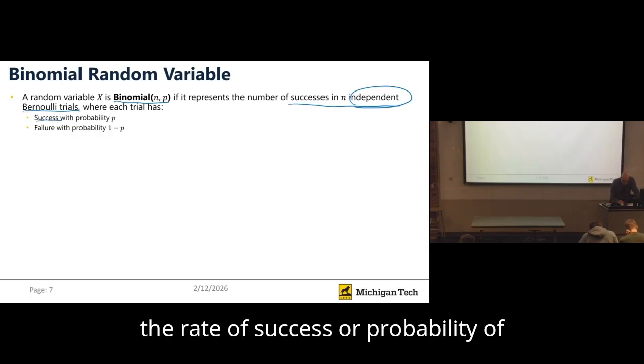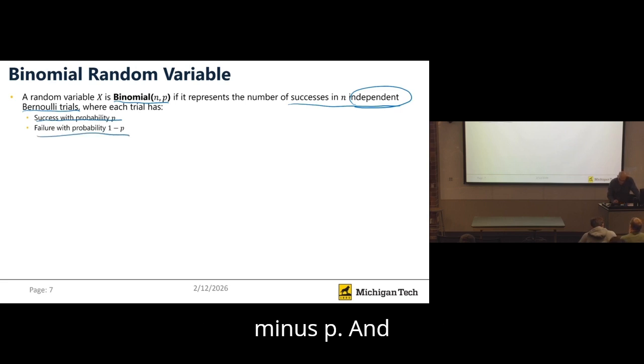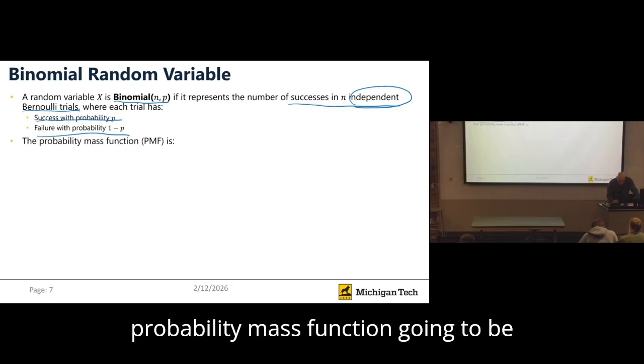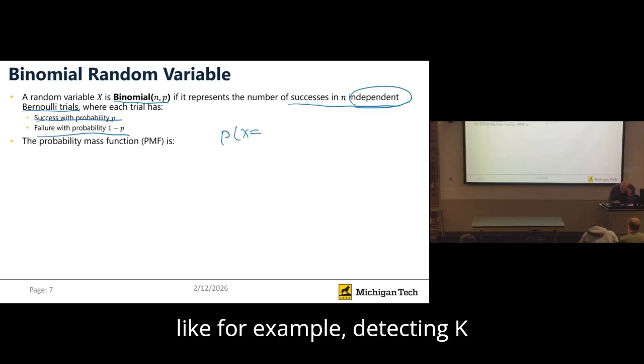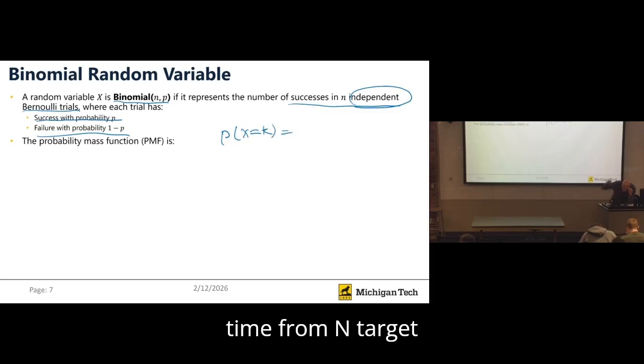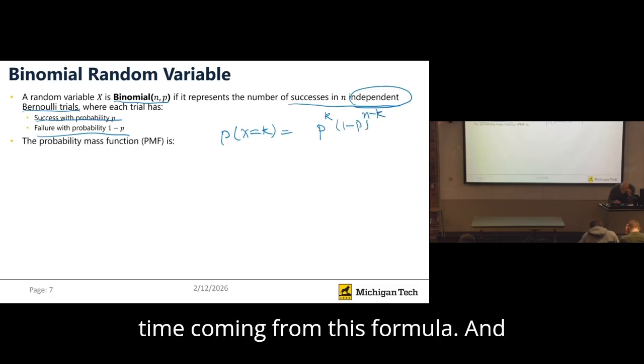Again, the probability of success is P, and failure is 1 minus P. The probability mass function for detecting K times from N targets is because we get success K times and failure N minus K times coming from this formula.